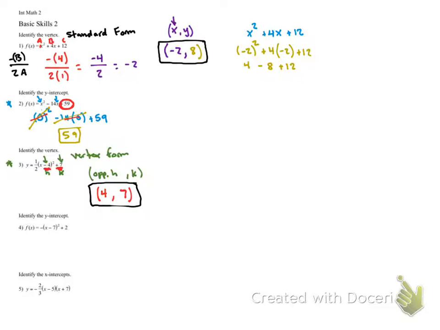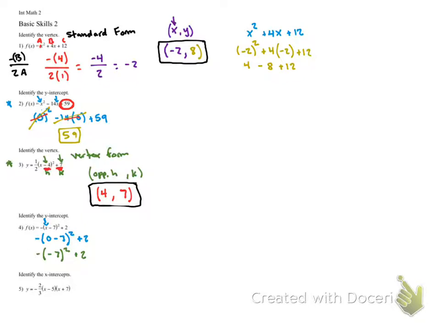Number 4, again, identify the y-intercept. You always plug in 0 for x. There's our x. We're going to plug in 0. So 0 minus 7 squared plus 2. Simplifying this out, or you can just throw it in your calculator. 0 minus 7 is negative 7 squared plus 2.